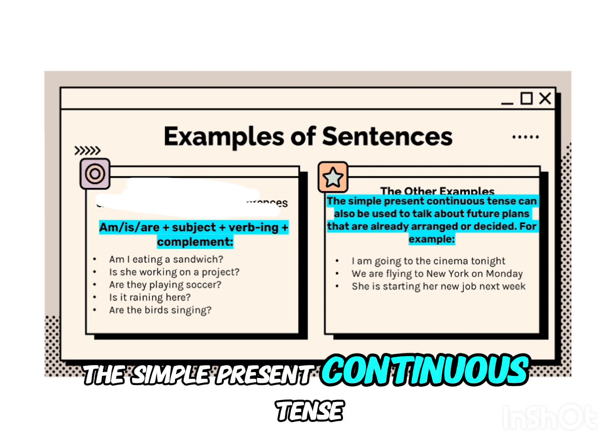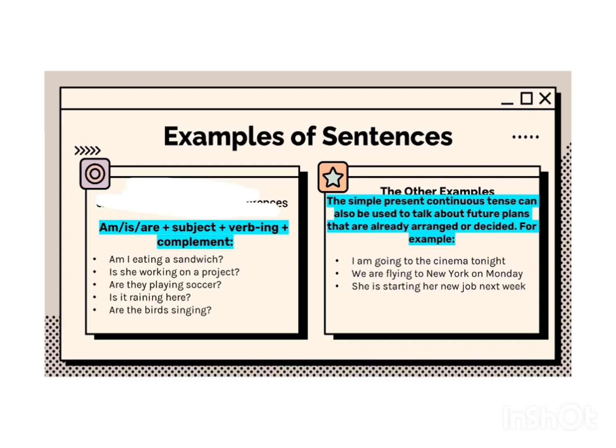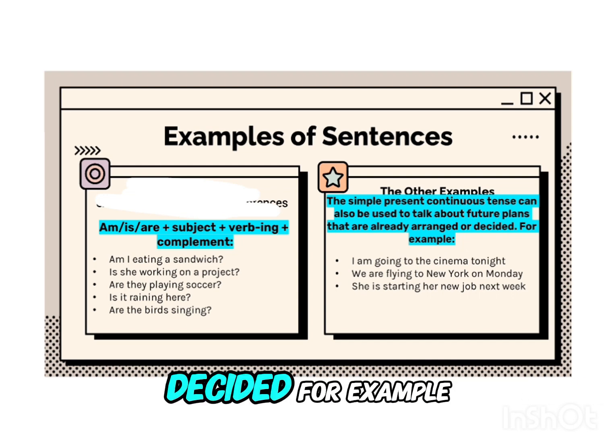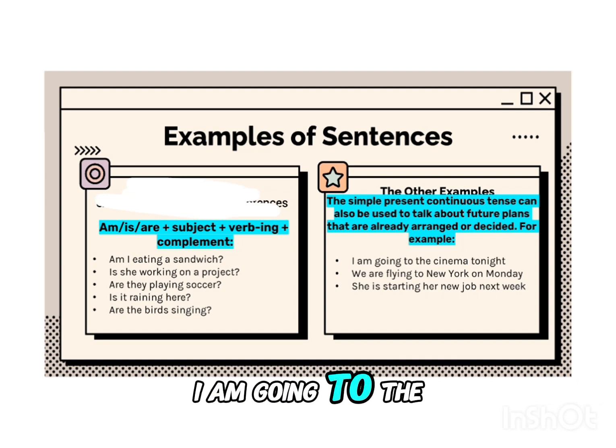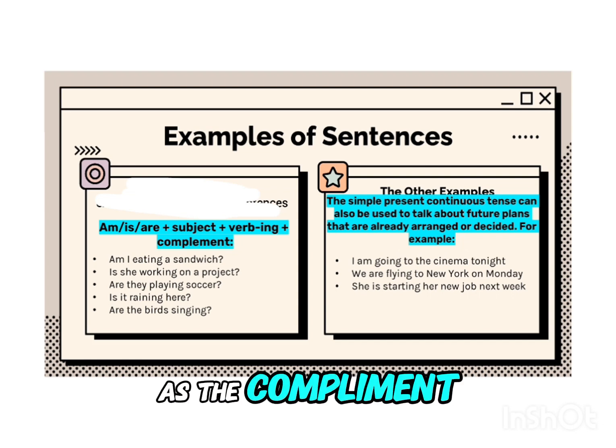The simple present continuous tense can also be used to talk about future plans that are already arranged or decided. For example, I am going to the cinema tonight. I as a subject, am as to be, going as the verb-ing, to the cinema tonight as the complement.